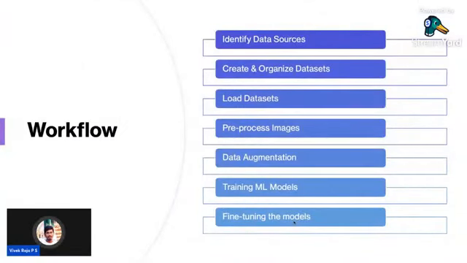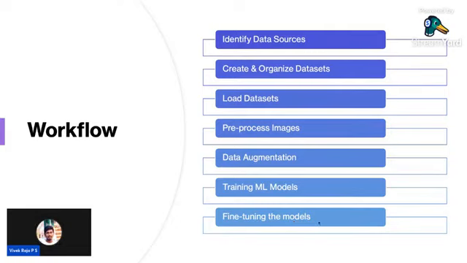So I can broadly say that these are the steps which need to be involved in a particular workflow: identifying the data sources, creating and organizing the data sets, loading the data set, pre-processing the images, data augmentation, training the machine learning models, and fine-tuning the models.